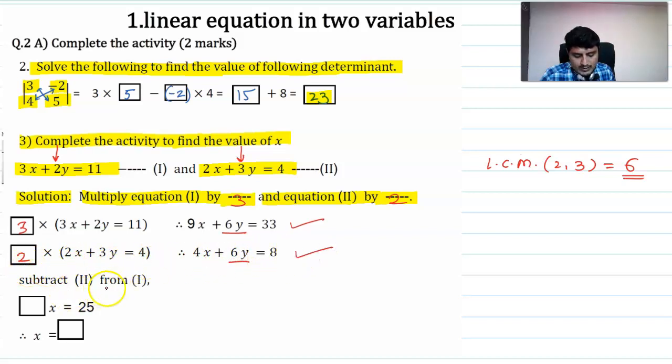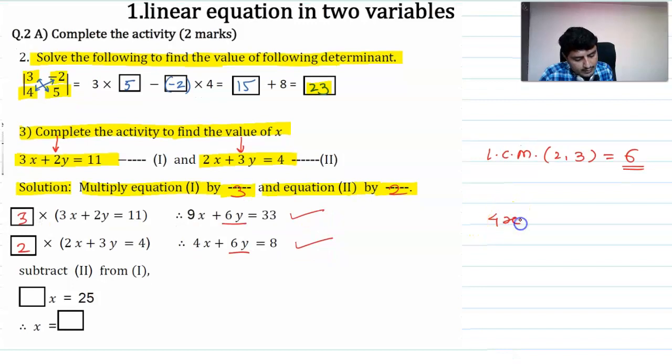Now once we subtract equation 2 from equation 1, I am writing both equations one after the other. We have to subtract 2 from 1, so equation 1 I am writing first, 9x plus 6y is equal to 33, and the second equation after that, 4x plus 6y is equal to 8.